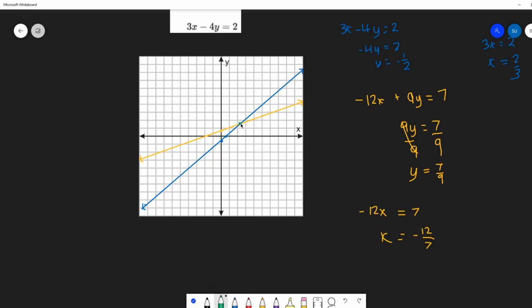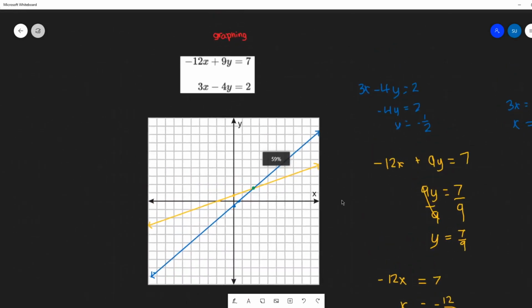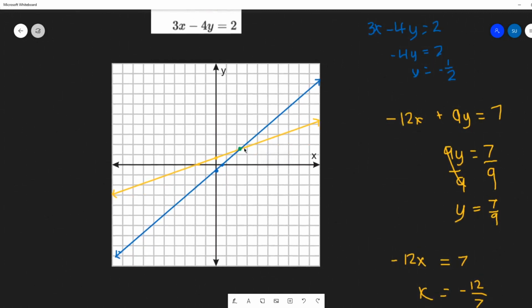Because this is such an obscure point, and we can't really pinpoint exactly where it is just using the naked eye, that's really the weakness of graphing, and that's why you can't really use it for every system of equations unless you're given a graphing calculator which can pinpoint that exact value. So I wish I could tell you the solution to our system of equations here, but our answer is too obscure and fractional to do that.